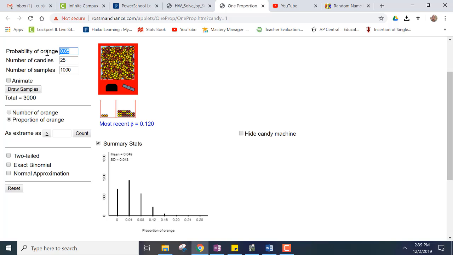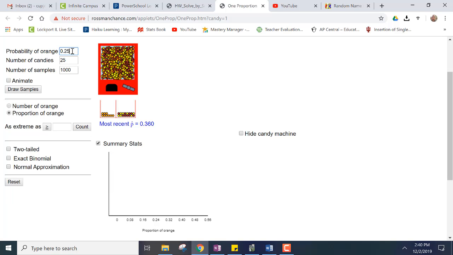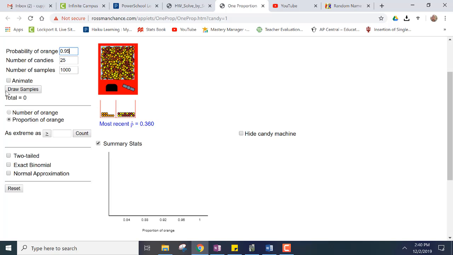If we change this to 0.25, it's a lot better. That's, well, a lot bigger. If we were to do that for all the way up to 0.95, it's skewed right.